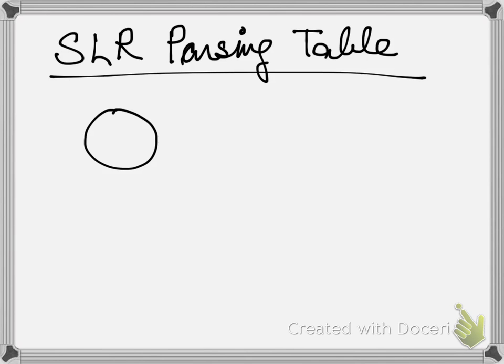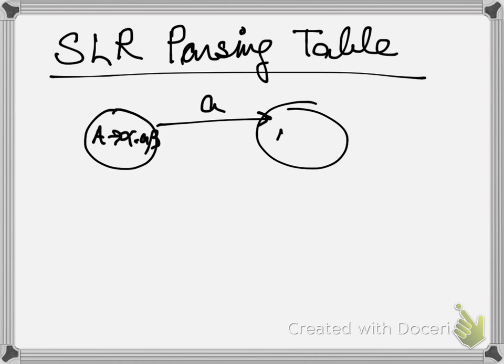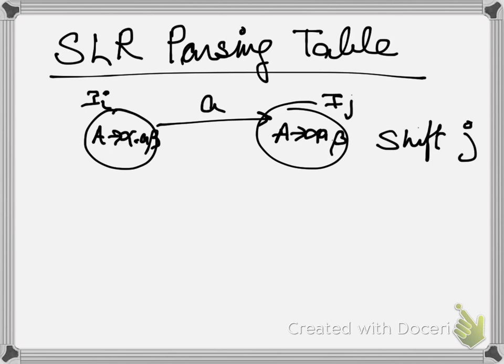That means if I have an item like alpha dot A beta, then on A I go to alpha A dot beta. This translates to a shift move. So if this is state I and this is state J, then it will be a shift to J on A.